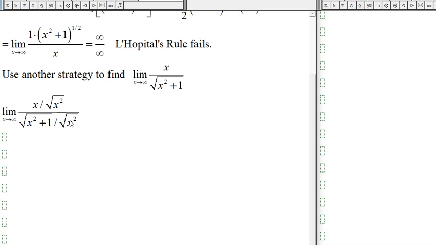And then we have to be careful with things like this one right here. The square root of x squared is equal, technically, to the absolute value of x, and this is equal to x if x is positive, so in this case x goes to infinity.